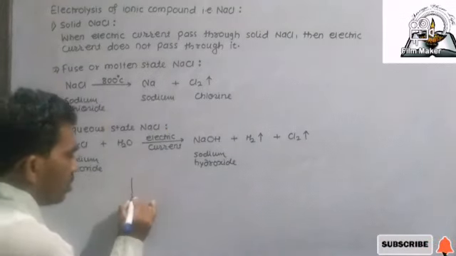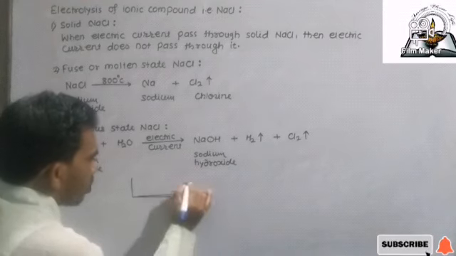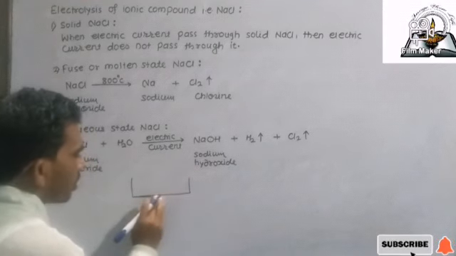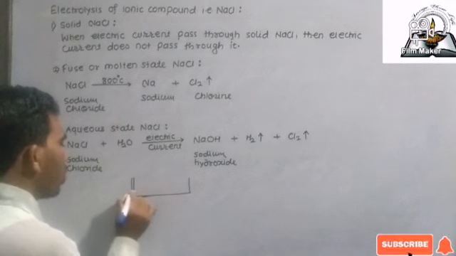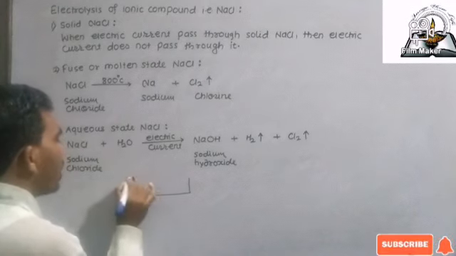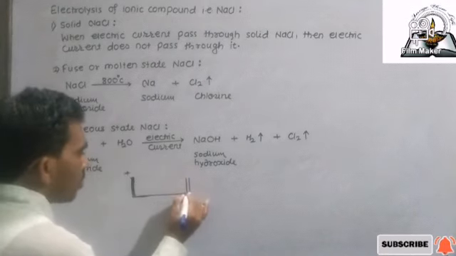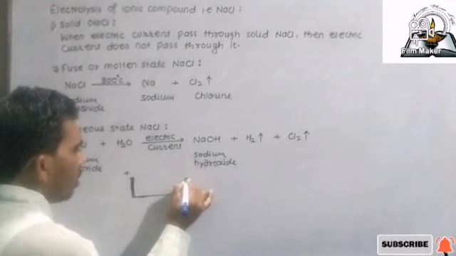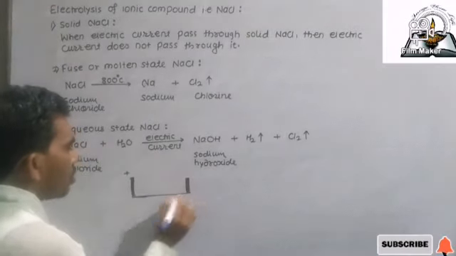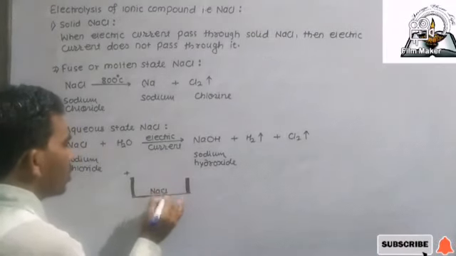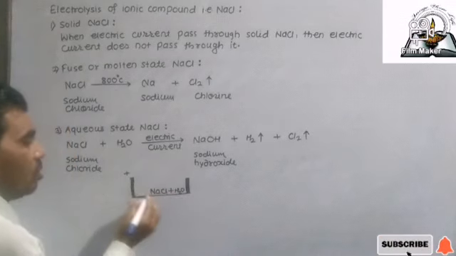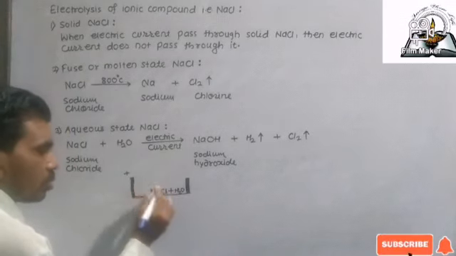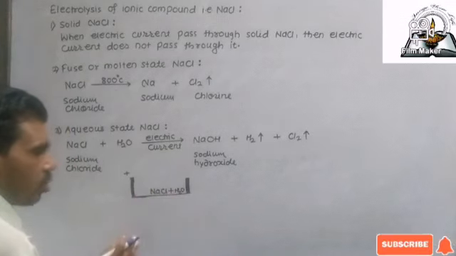How does it take place? Let me explain with the help of an electrolytic cell. Consider the electrolytic cell. This one is called the positive terminal and the other is the negative terminal. Just imagine, when aqueous NaCl, that is with addition of water, takes place, sodium dissolves in the water molecule.